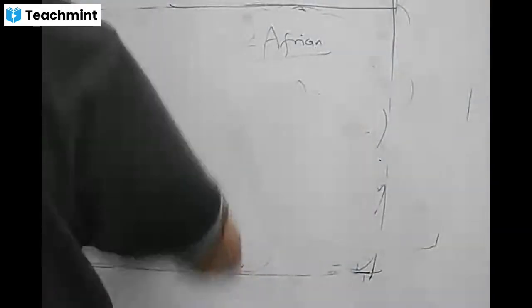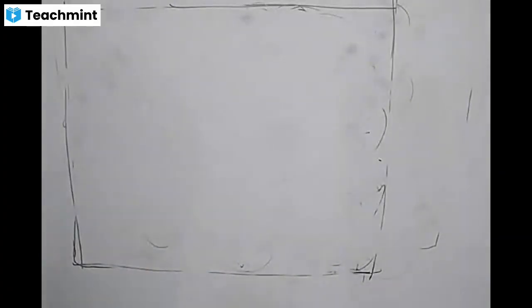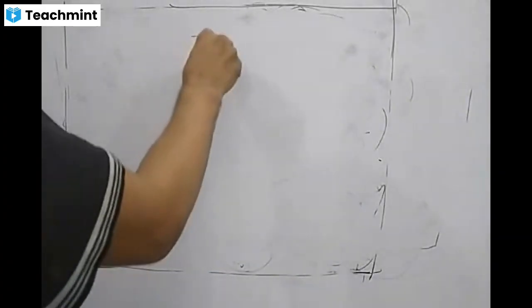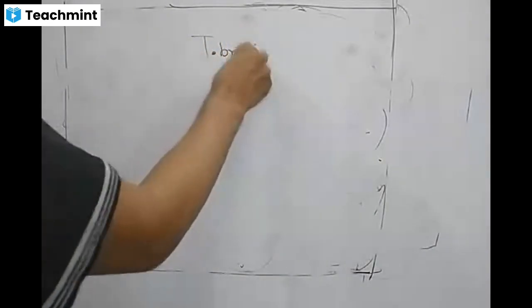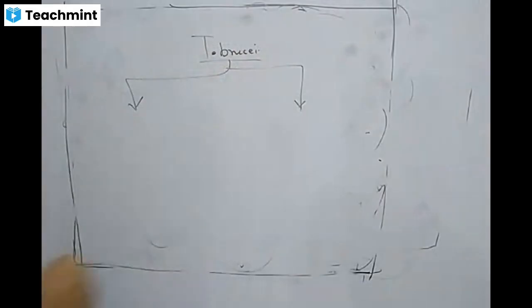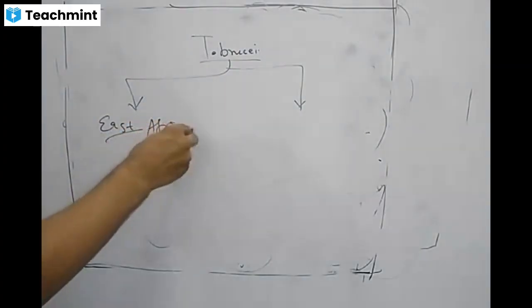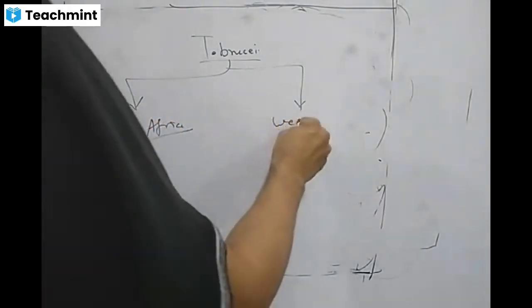Then there is one more, that is African. That is called Trypanosoma brucei. And there are two brothers of brucei. One lives in East Africa and one lives in West Africa.